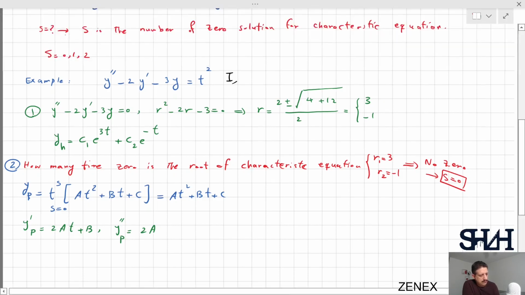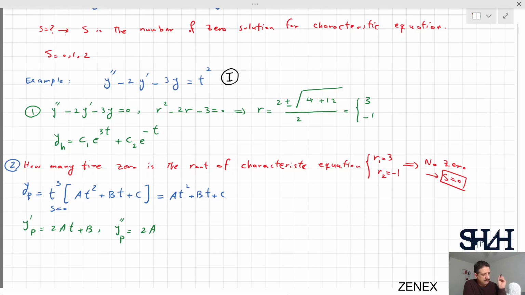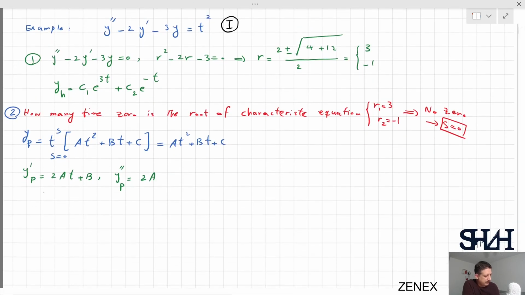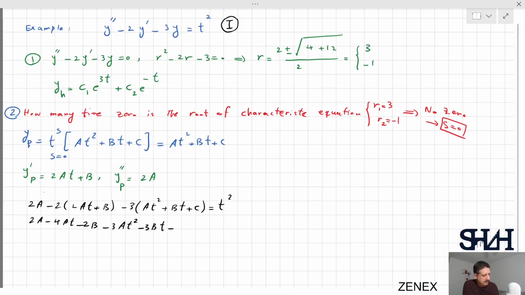We need to substitute this y prime and second derivative into the main equation that we had in the question. So it will be 2a minus 2 times (2at plus b) minus 3 times (at^2 plus bt plus c), which should be the same as t^2. 2a minus 4at minus 2b minus 3at^2 minus 3bt minus 3c equals t^2.